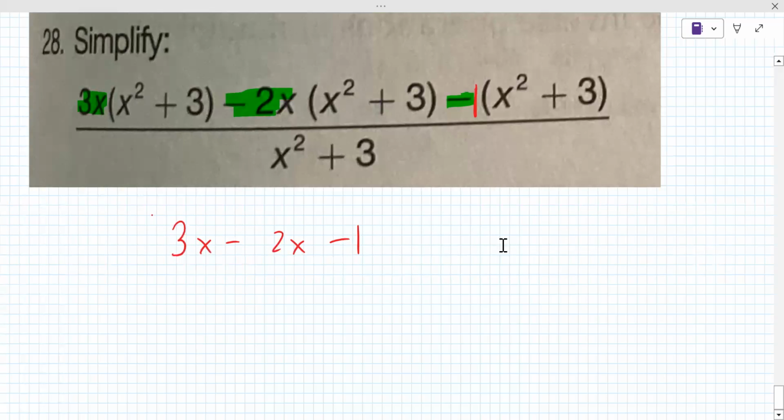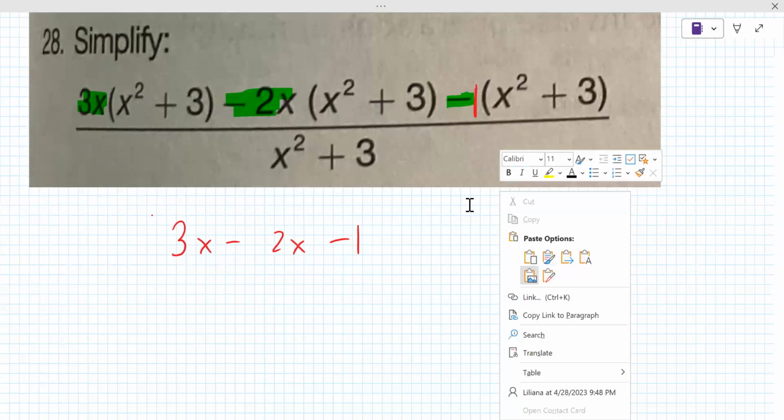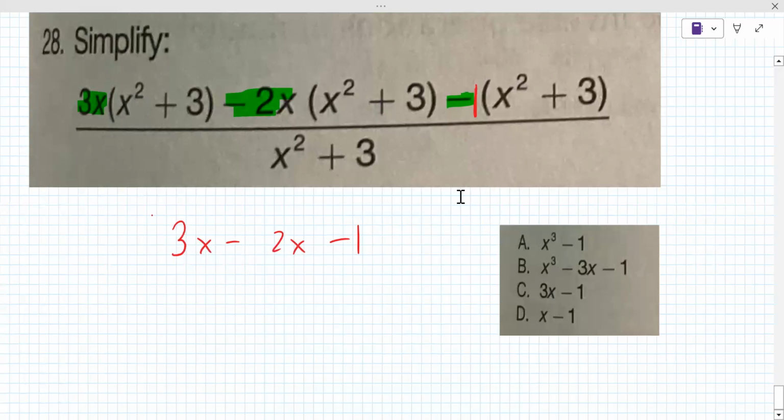What does that simplify to? X minus 1. So which would be the correct choice? D. Good.